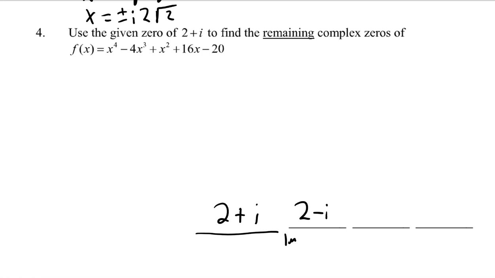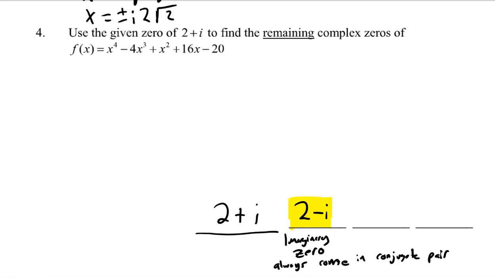because imaginary zeros, anything with an i in it, always come in conjugate pairs. Remember, conjugate just means you switch that middle sign. So if 2 plus i is a zero, you have to know this one's super important, because if you don't know this one, then you're stuck at the beginning. We're going to need it to help us find the other ones.